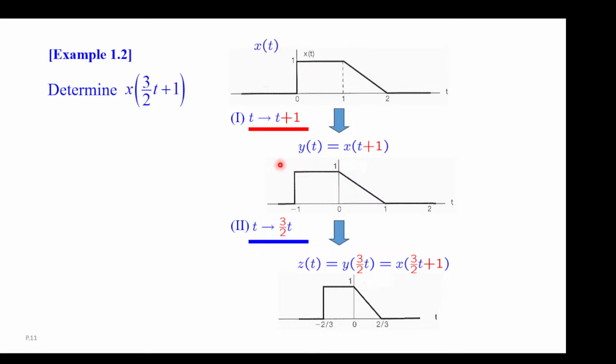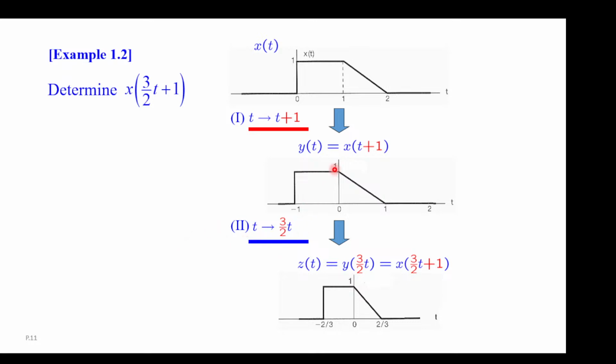Well, we need to see a picture first. So y of t equal to x of t plus 1, and because you are adding a number, it means subtracting a negative number, so the shift is negative. So you go to the previous time, and your signal gets shifted to the left.